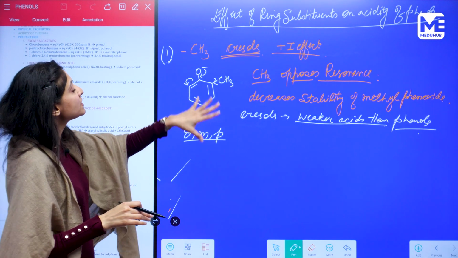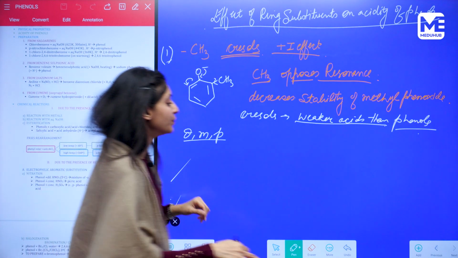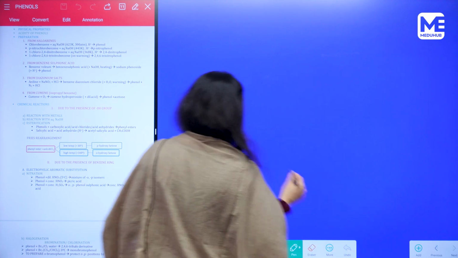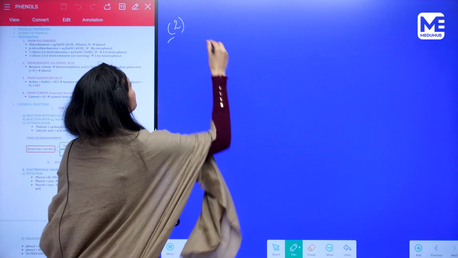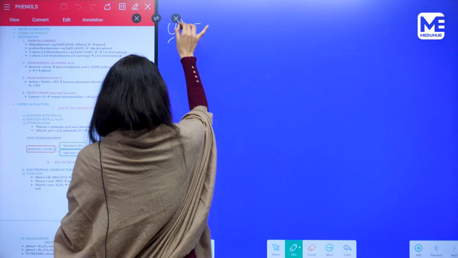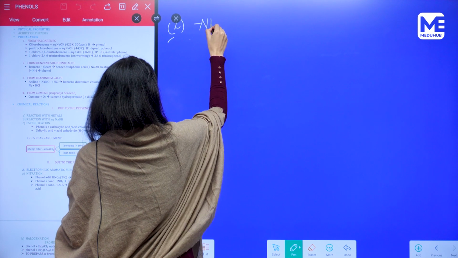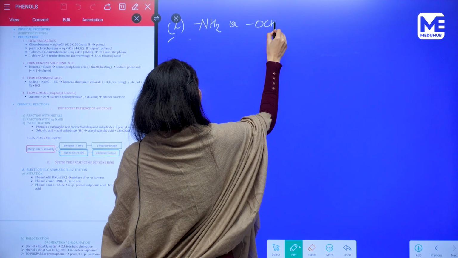Alright, so this was about a substituent which has a plus I effect like a methyl group. What if we have a substituent which is NH2 or OCH3?